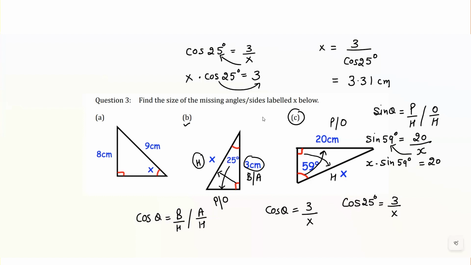To calculate the value of x, we take this to the other side, and we get x is equal to 20 over sine 59 degree. When we solve, we get our answer, 23.33 centimeter. So the value of x is 23.33. This is how you can solve the questions related to finding the missing sides in a right angle triangle using the trigonometric ratios.